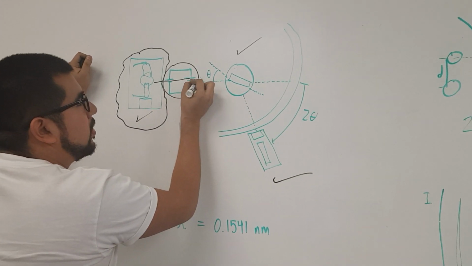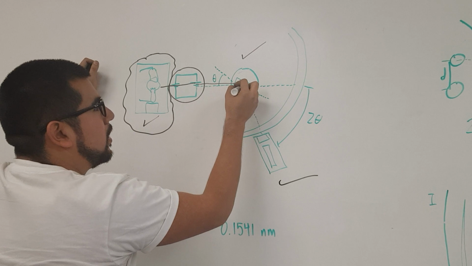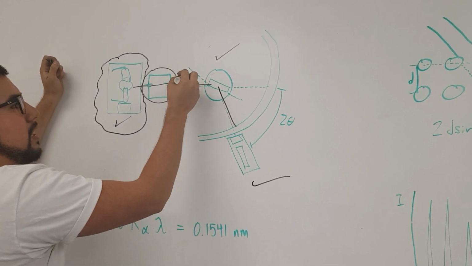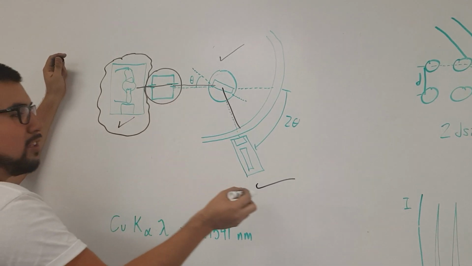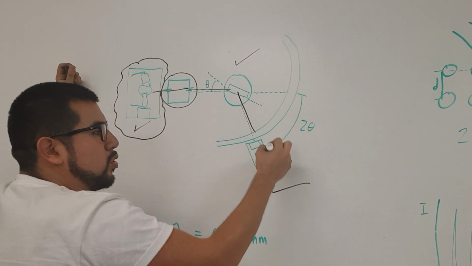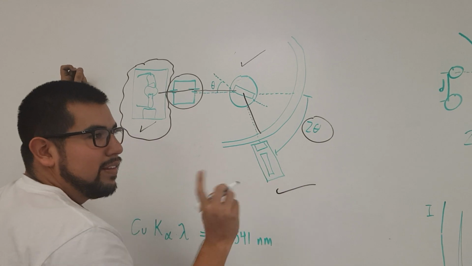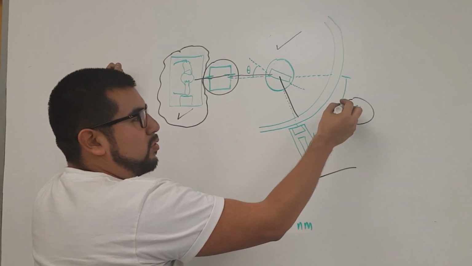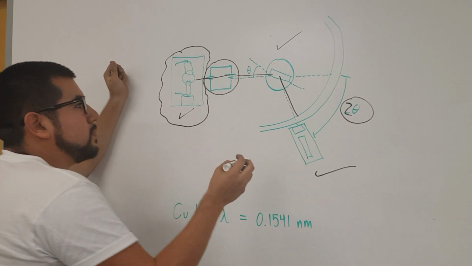Then the beam is going to strike the sample and it's going to bounce. The angle is marked here, but the actual machine measures 2 times that angle, and that is important in the next calculations. We have to take into account this factor of 2.